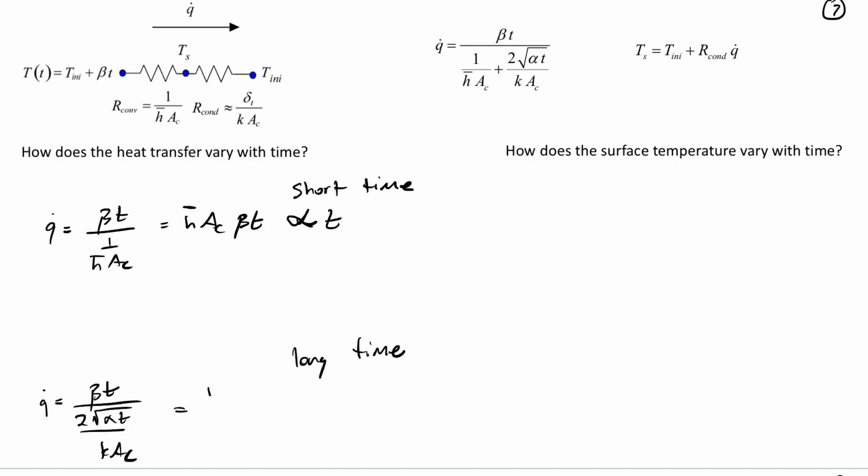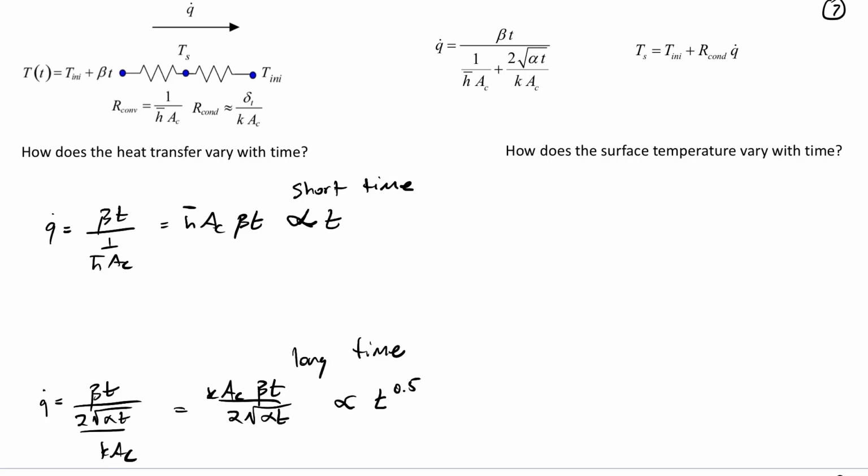That can be rewritten as KAC beta T over 2 square root of alpha T. So that is proportional to T to the 0.5 power, T over square root of T. So in the long time domain, the heat transfer rate slows down. It's only growing with time to the 0.5 power, whereas in the short time domain it grows in proportion to time.